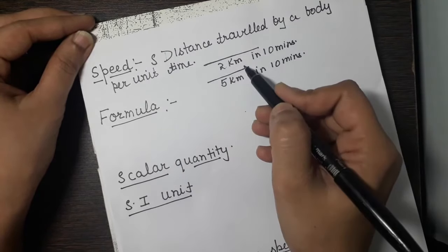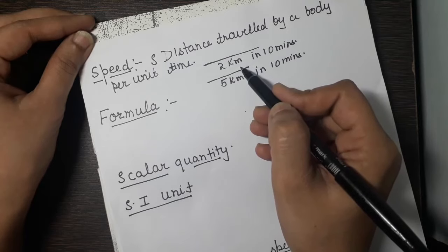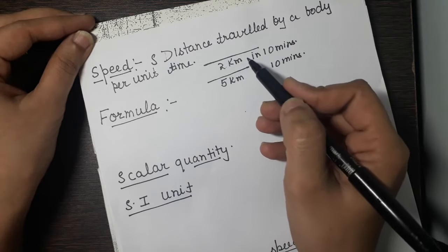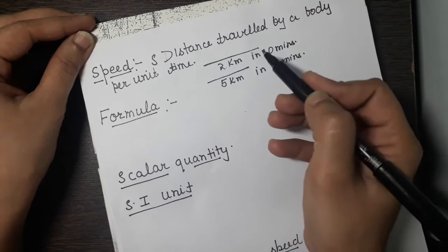So in this way, by measuring speed, we can compare the motions of two or more bodies.